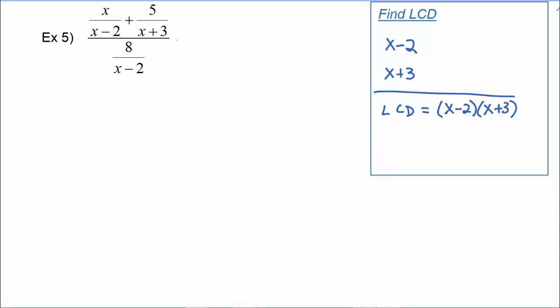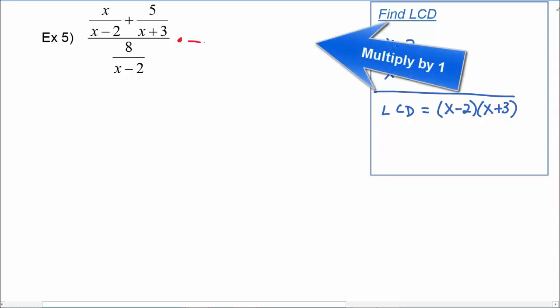So we'll come back over here to the original fraction, and we'll multiply by 1 in the form of the LCD over itself. So x minus 2 times x plus 3 over x minus 2 times x plus 3.